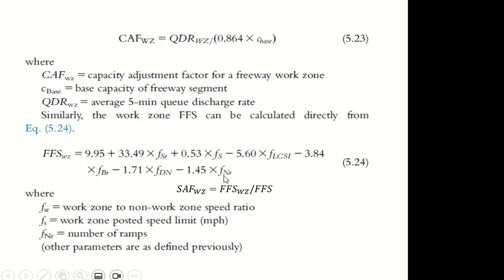You have to count how many ramps you have on your segment. Then you get the free flow speed of the work zone. Then you take the ratio of the free flow speed of the work zone to the normal free flow speed, and you will get SAF for the work zone. So this is how you do it.